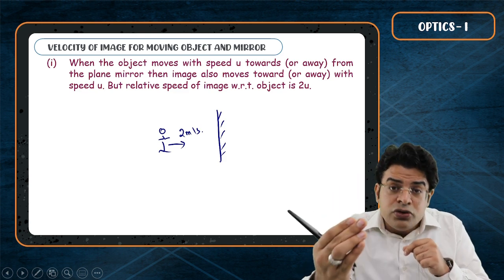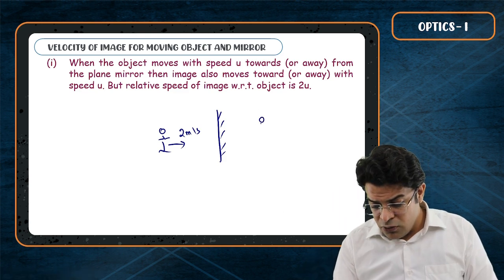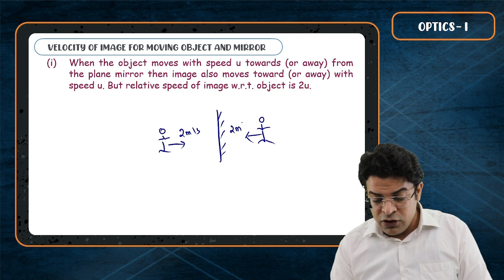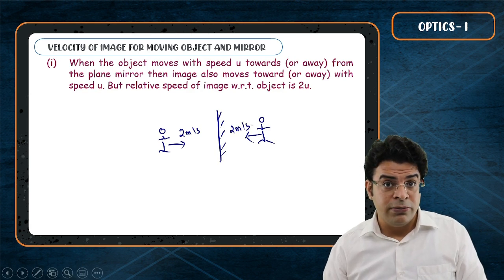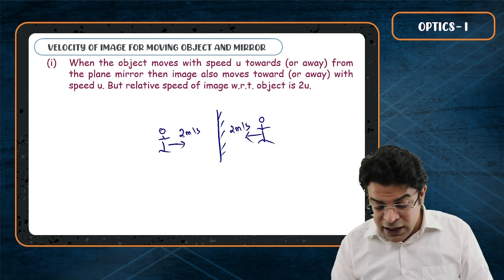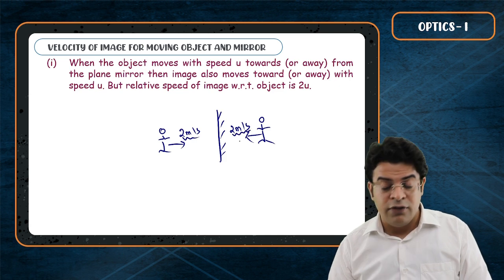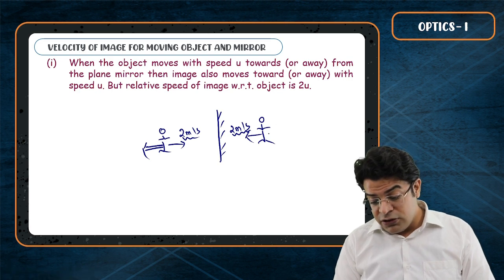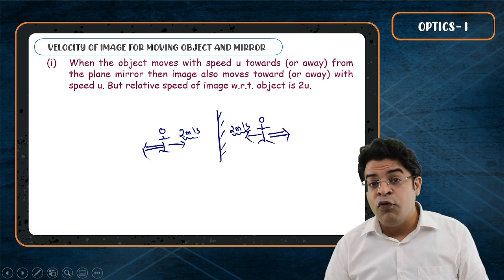The image also moves towards the mirror. So if you have a velocity of 2 meters per second towards the mirror, your image will also have a velocity of 2 meters per second towards the mirror. But do understand that the directions of these two velocities are different. If you start moving away from the mirror, the image will also start moving away from the mirror.